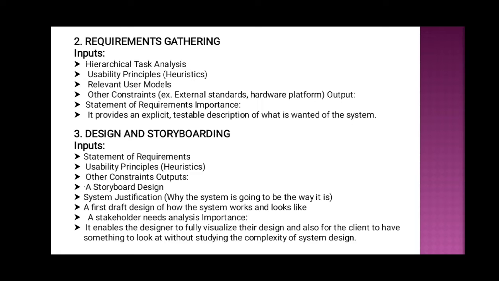Number 3. Design and storyboarding. Inputs: statement of requirements, usability principles, heuristics, other constraints. Outputs: a storyboard design, system justification, why the system is going to be the way it is, and a first draft design of how the system works and looks like.